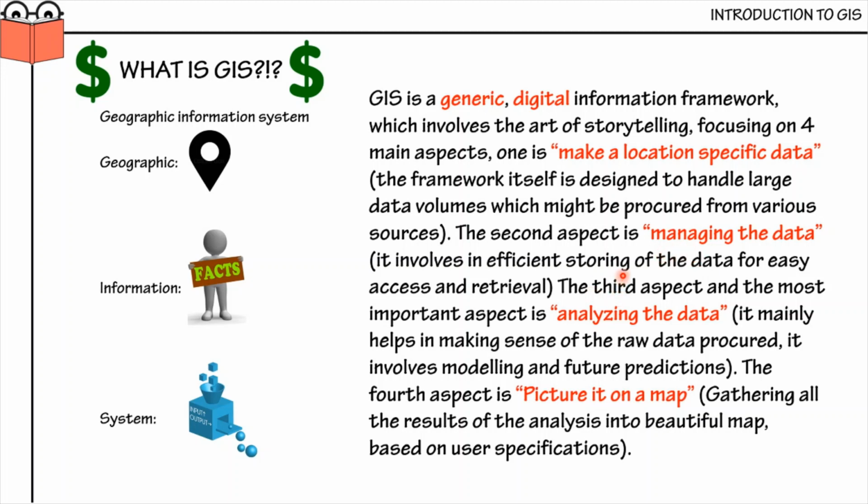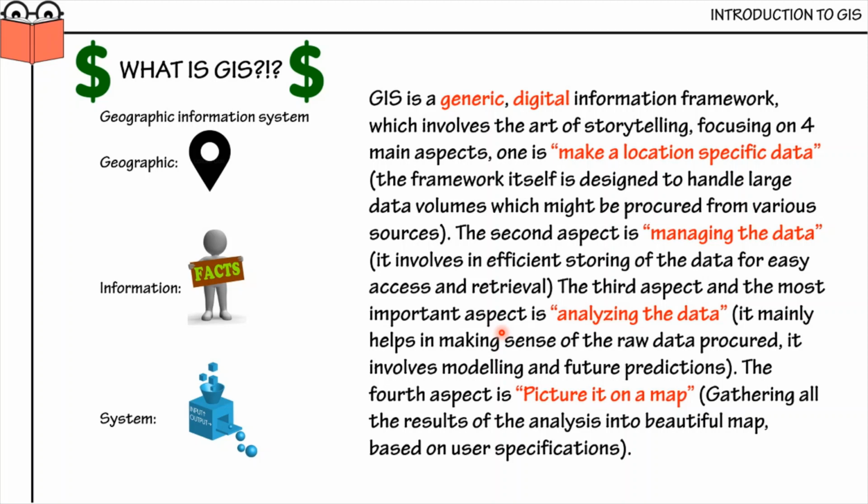Now you have gathered the data and you have stored the data. The third aspect is analyzing it. So we have a lot of data sets. We need to be smart enough to pick and choose data that is relevant for our analysis. Analysis doesn't end at just the data sets or that specific time frame of the data set given to you.